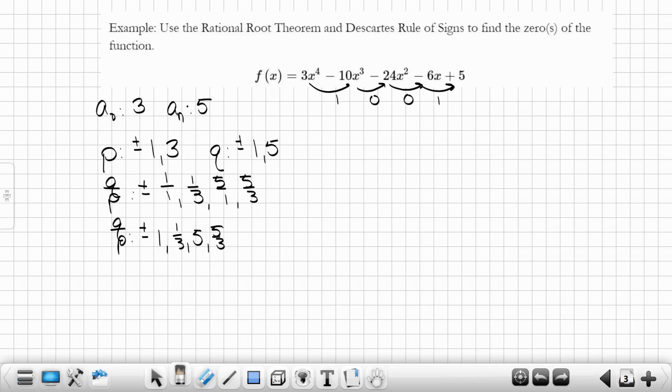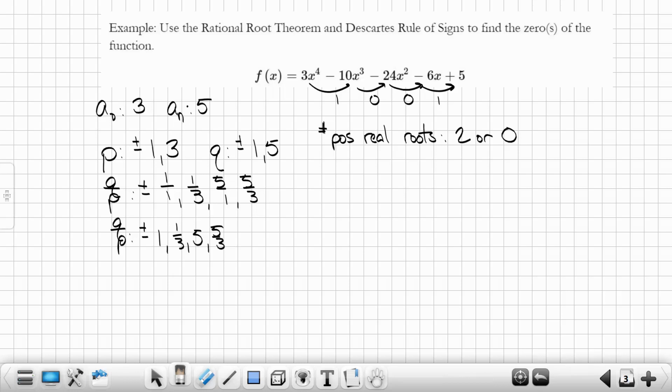So adding those, my number of positive real roots is 2 or 0, because it's 2, or subtract 2 as much as I can until I hit 0 or 1.